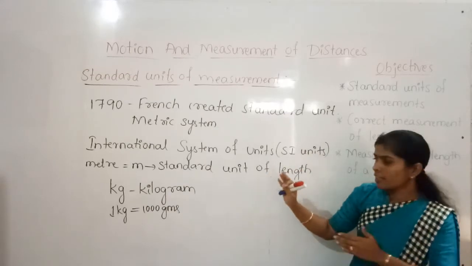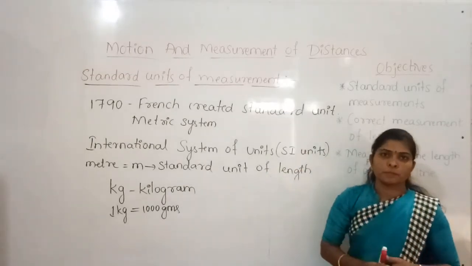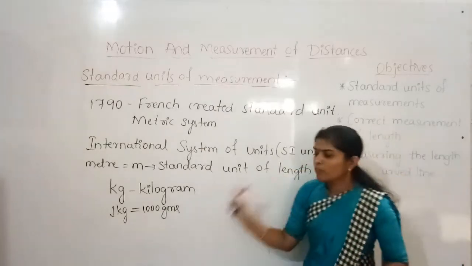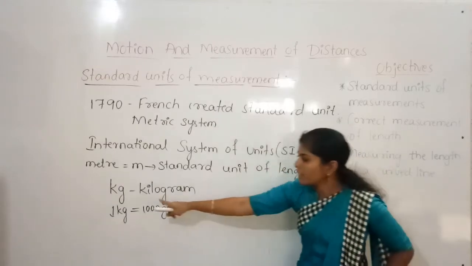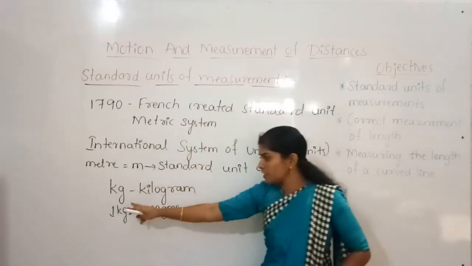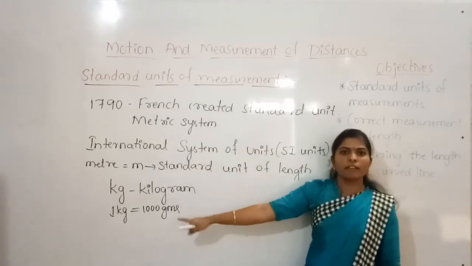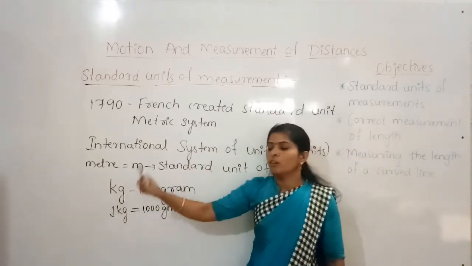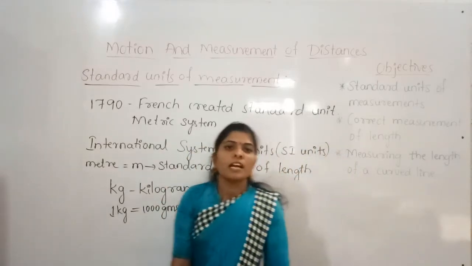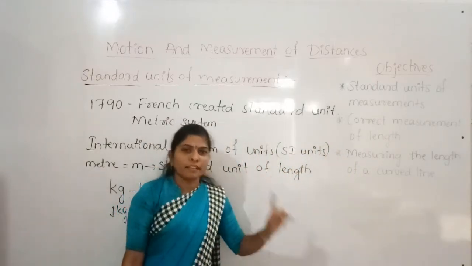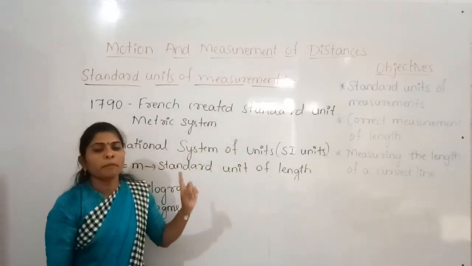And these standard units are universal, meaning wherever you go in any corner of the world, 1 kg is 1000 grams only. Wherever you go, the measurement is the same. 1 meter is 100 centimeters only, and 1 kilometer is 1000 meters only.